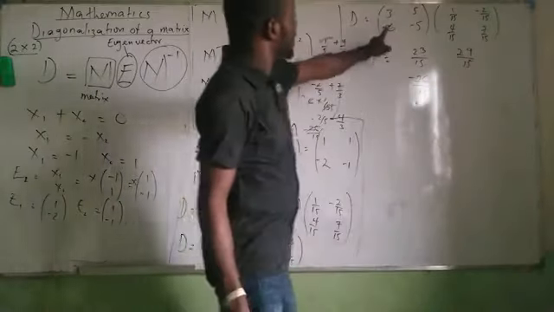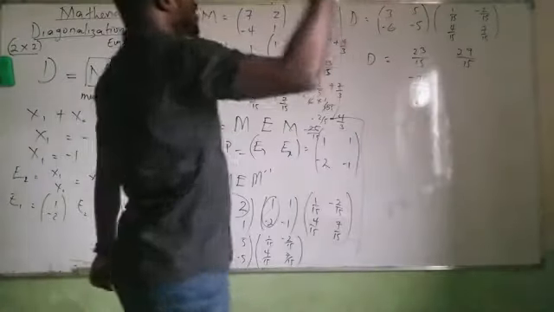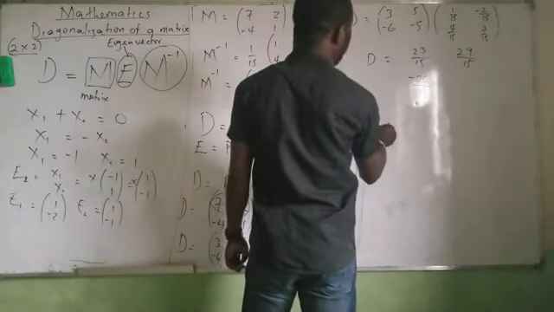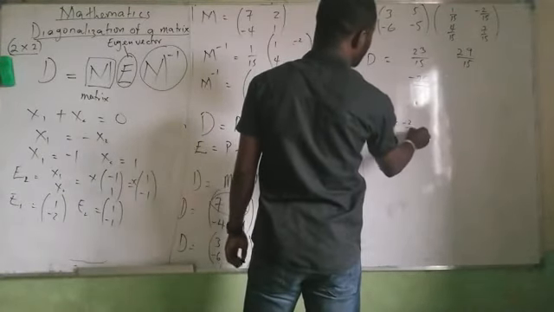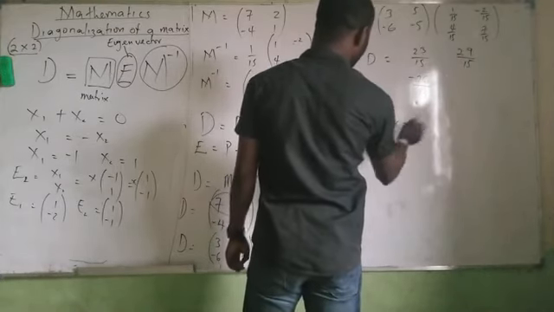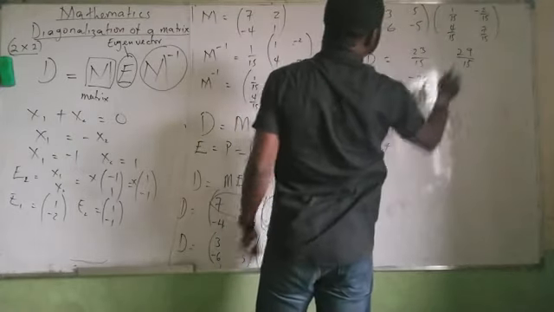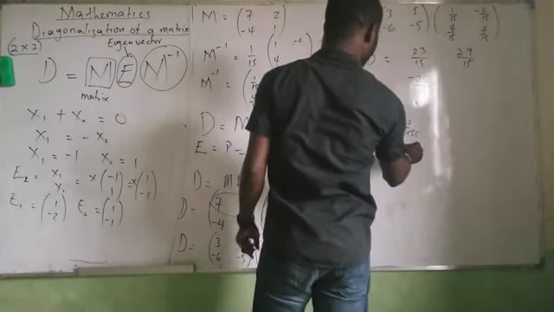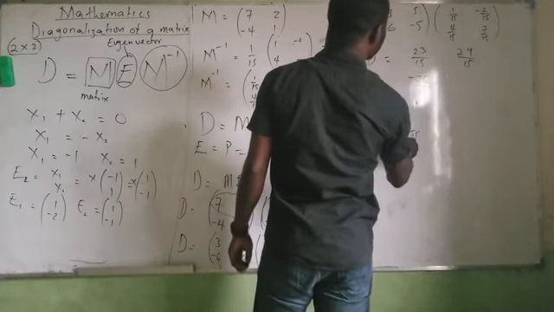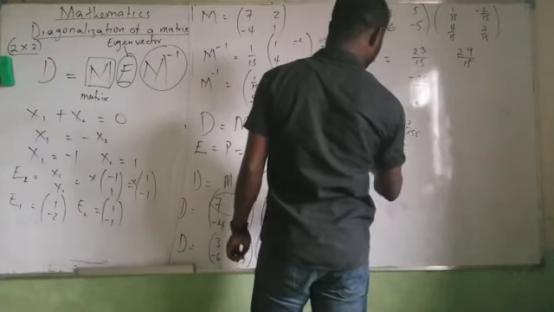And lastly, the last part of it, this times this, that will be what? 6 multiplied by minus 2 all over 15, which is 3 here 2, 3 here 5, that will be 4 all over 5, plus this times this, that will be minus 7 all over 3, which is going to be 15.